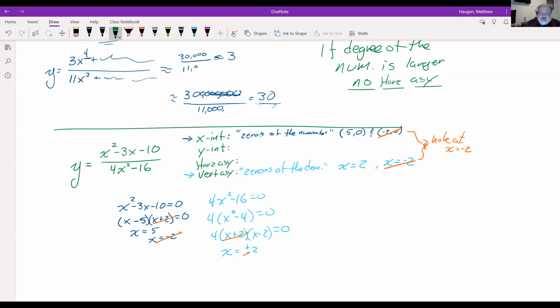So like if you're doing this problem, a lot of people will factor them and write those factors out. And then you can see that, oh, wait a minute, these factors are the same.